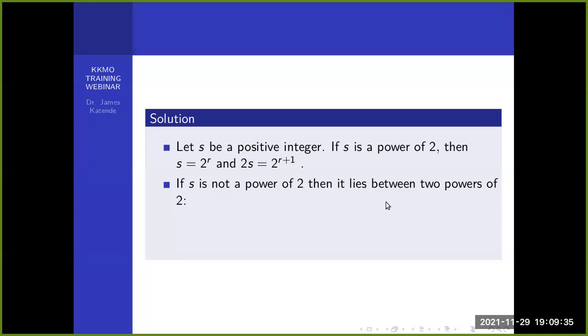If it's not a power of 2, it must be between 2 powers of 2, and that will look something like this. It means s will be squeezed between 2 powers of 2. There must be some power of 2 on the left, and there must be some power of 2 on the right, and this should be strict inequality because s is not a power of 2.